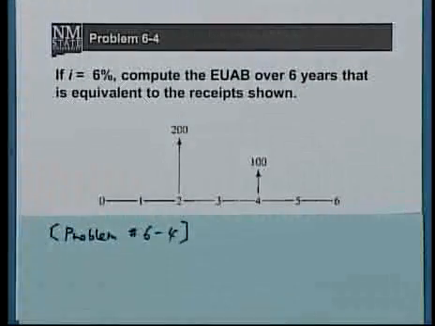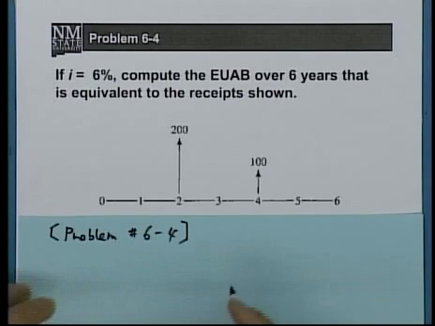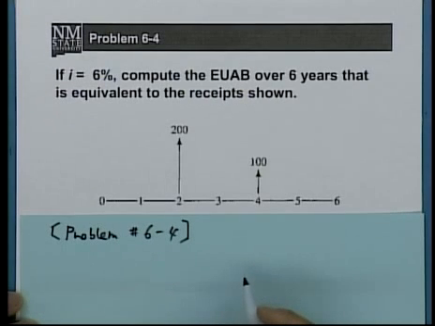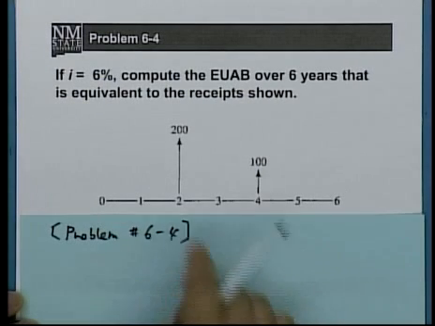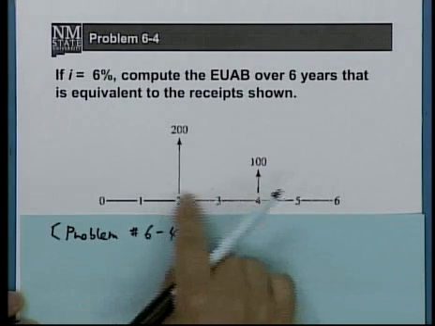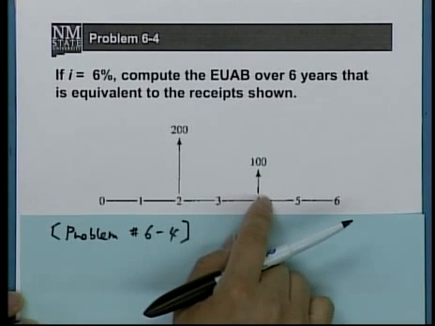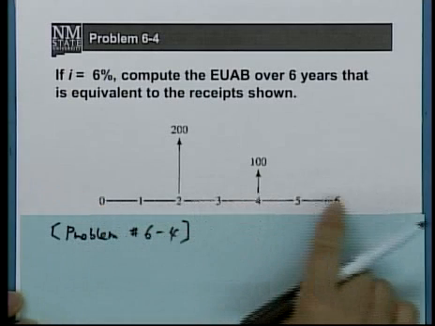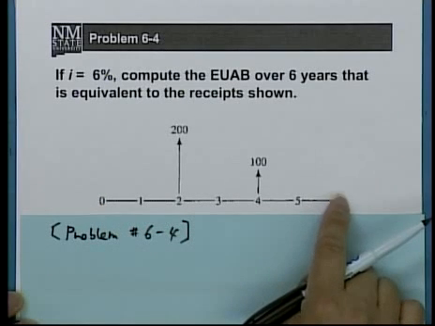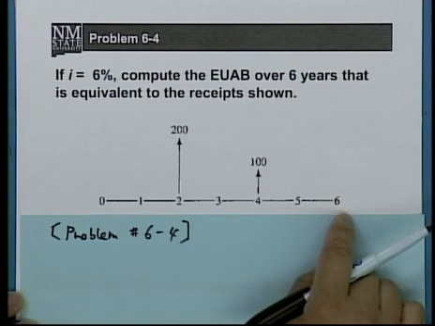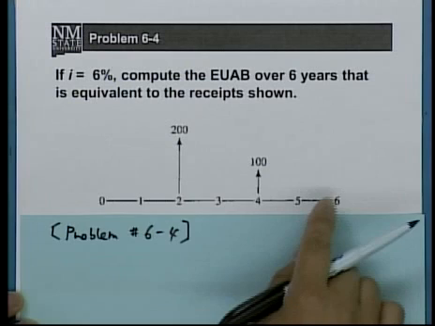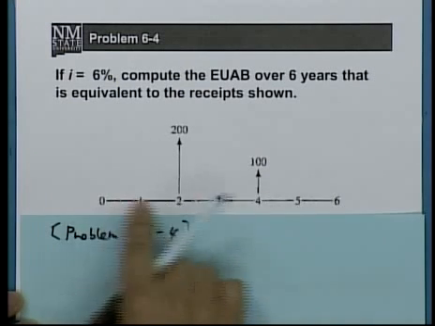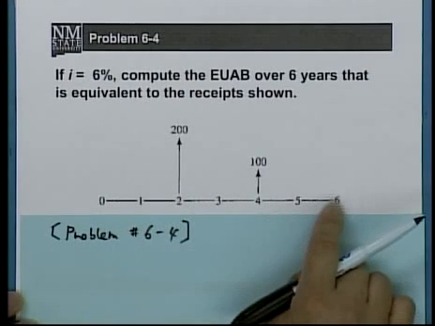So what I'm going to do here in problem 6-4 is convert each of these two single payments to either the present sum of money or the future worth at the end of period 6, and then convert those values to a series of equivalent uniform annual benefits over 6 periods.